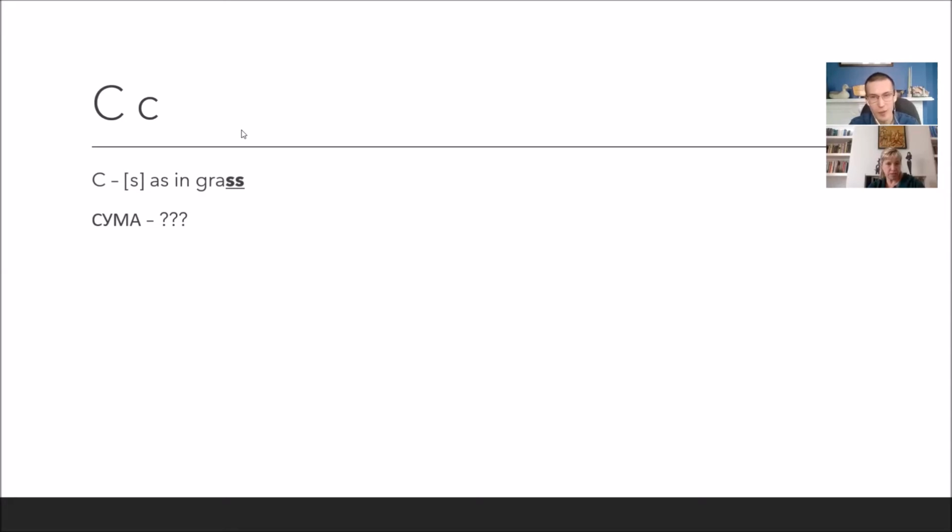I'm surprised how many people here already know some Ukrainian. Good. So you can see that it's very clear. Suma means sum, as the sum of, I don't know, 2 and 2 is 4. Very well. Let's go for another letter now.